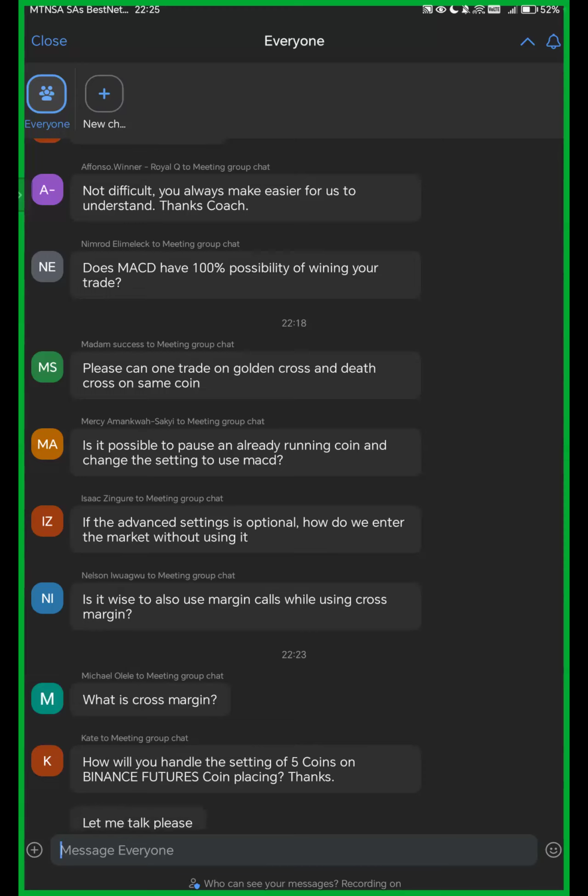You have already set your futures account, whether you are trading in cross margin or isolated margin. The settings are already there for the futures account. So when you activate trades in Royal Queue, Royal Queue will follow what is already set in your futures account.